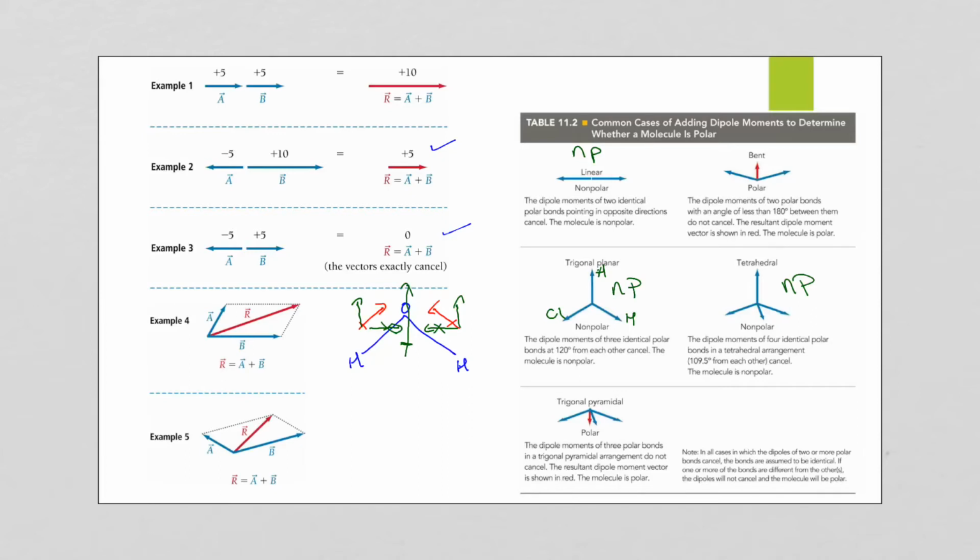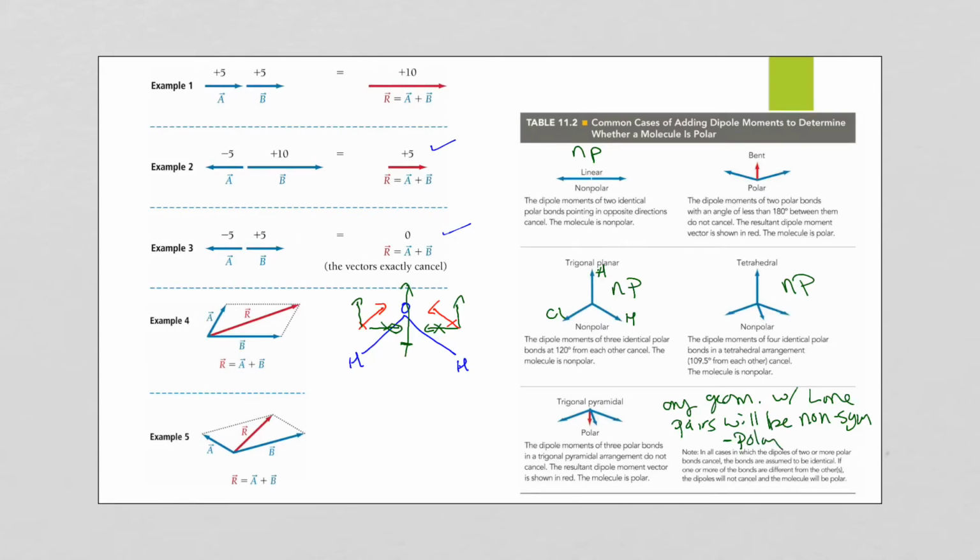Now, what if we have a geometry that has lone pairs, like bent or trigonal pyramid? Well, any geometry with lone pairs will be non-symmetric, meaning if it has polar bonds, it will be polar.